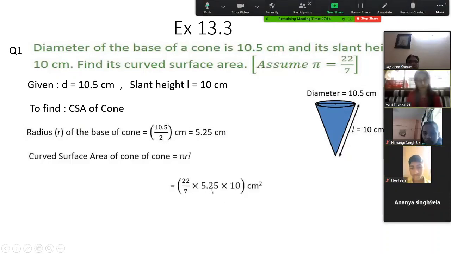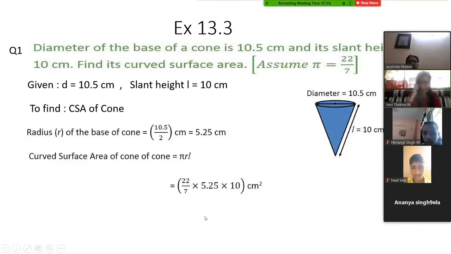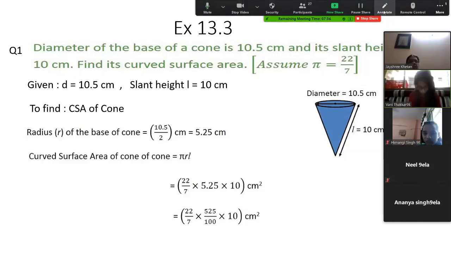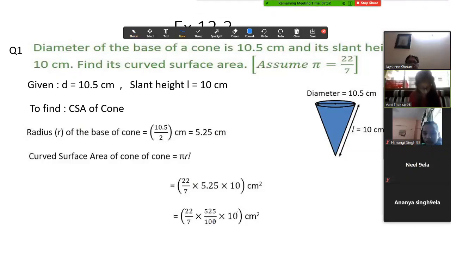22 upon 7 into 5.25 into 10. Okay. So convert this fraction to decimal. 5.25 means you have to write 2 decimals. 2 decimals are there, so 2 zeros will come down. 525 upon 10. So here one 0 will get cancelled. Do the complete division. 7 ones are 7, 75.